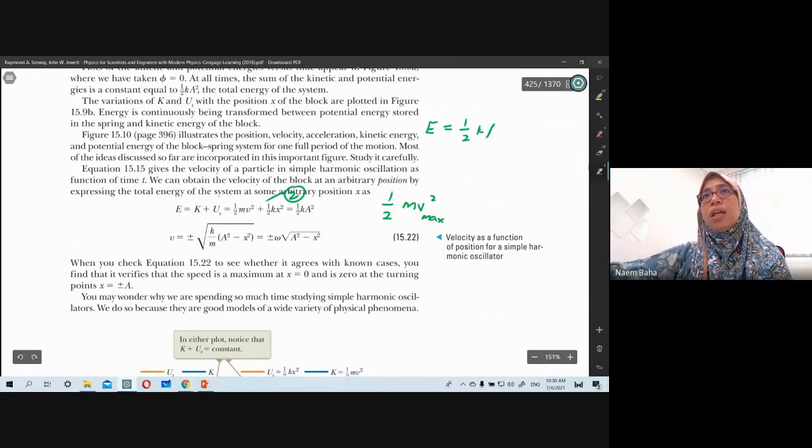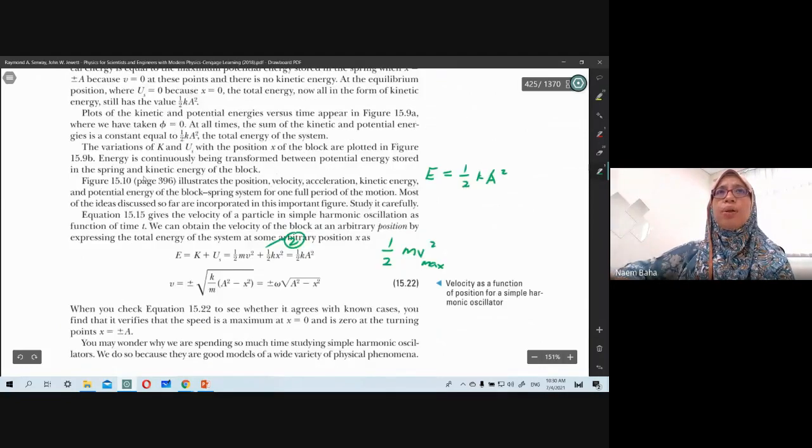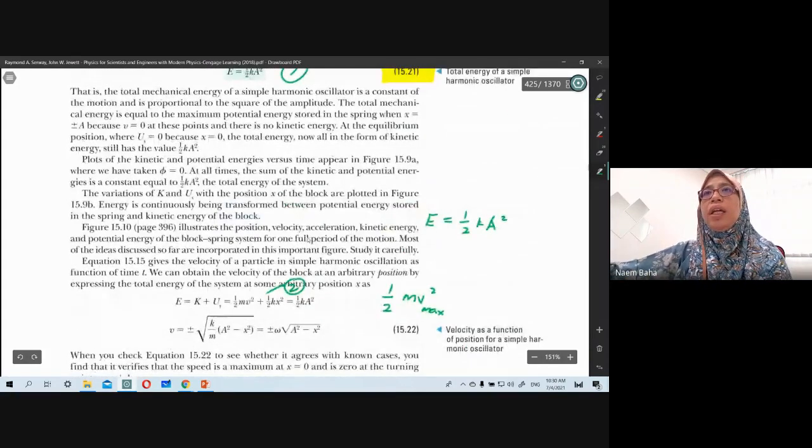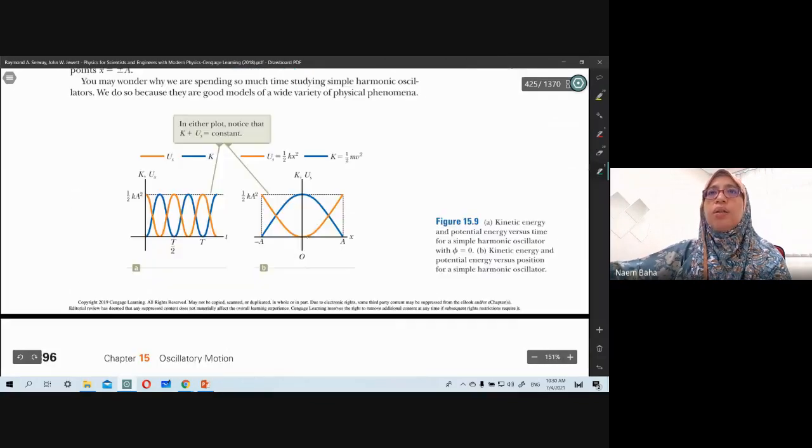Half k A squared. All of a sudden, why is this, madam? Okay, have a look. By this means you will arrive with the same answer. Second method.